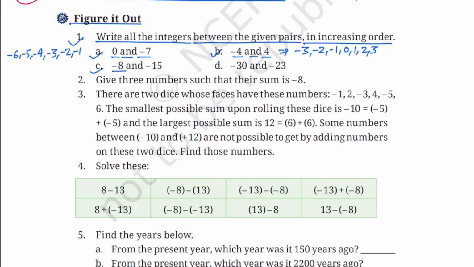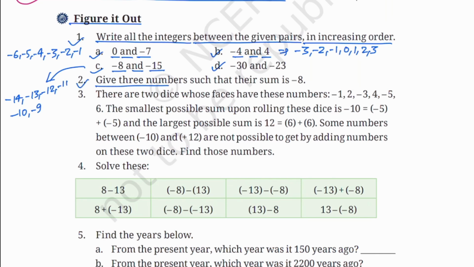C: -8 and -15: -14, -13, -12, -11, -10 and -9. Similarly, you can try D.